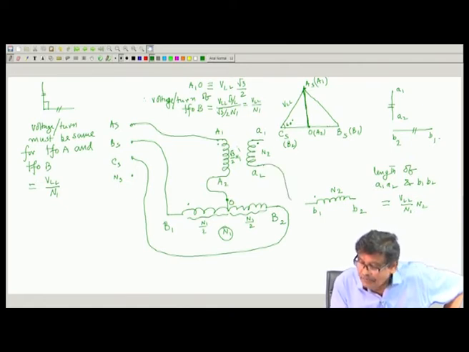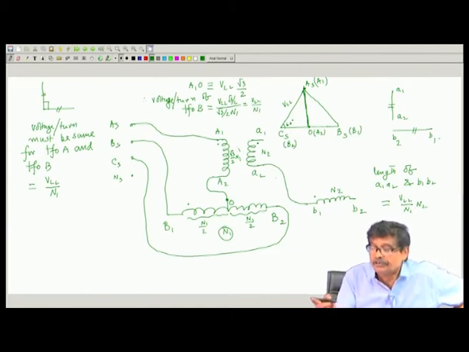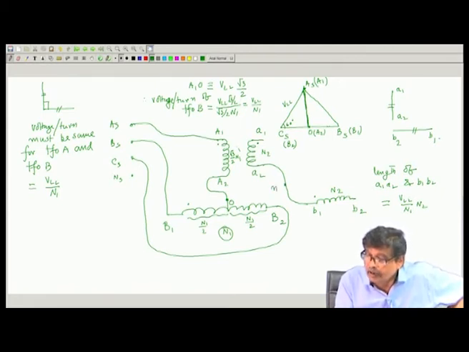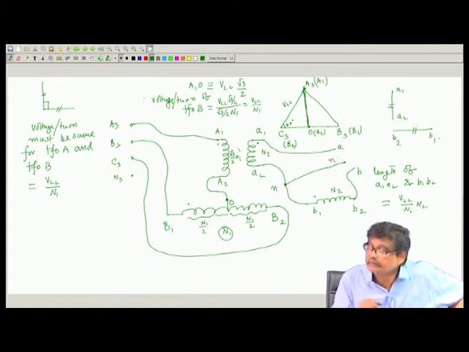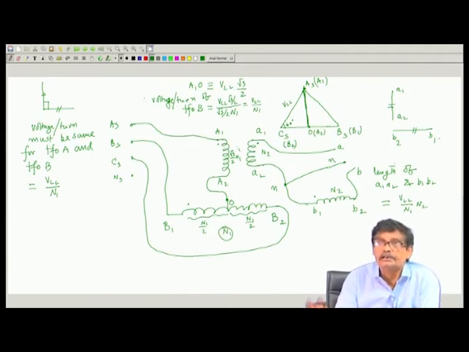If that be the case, then I will now join A2 and B2 to create the neutral of the 2-phase system, and I will take three output terminals. One will be marked as A, another will be marked as B, another will be neutral. The moment you join, these two phasors cannot remain in isolation.